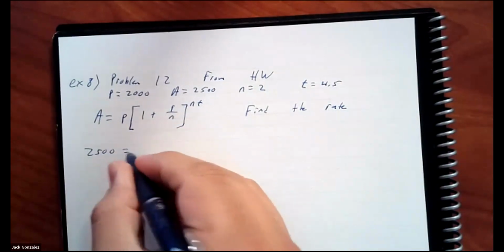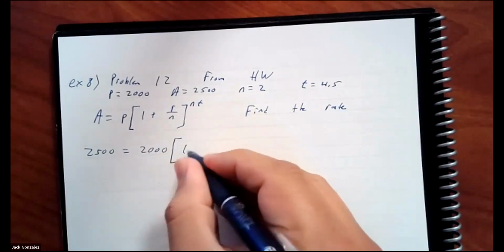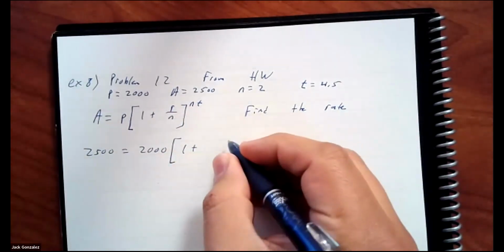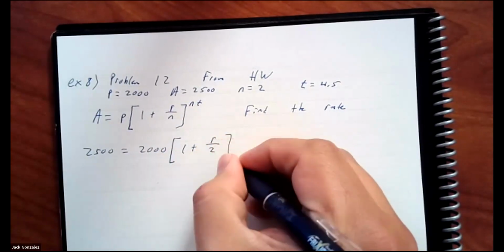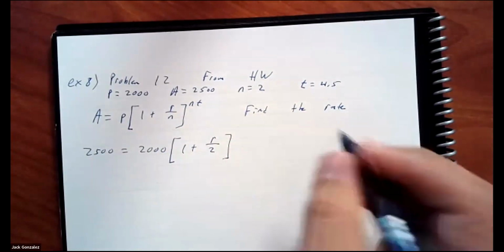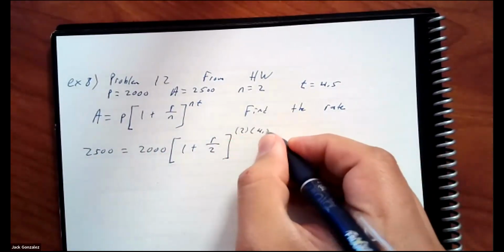So plug in A, plug in P. R is what we're looking for. Plug in N. 2 times 4.5, N and T.